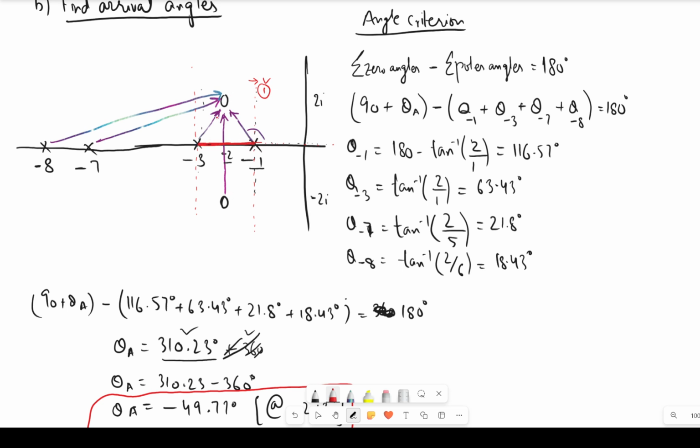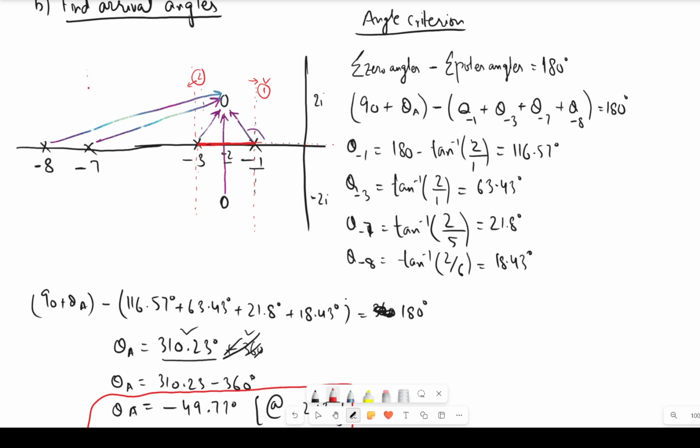You will not include the complex poles and zeros. Because 2 is even, the root locus does not exist to the left of this pole, until you encounter another pole. So root locus does not exist here.